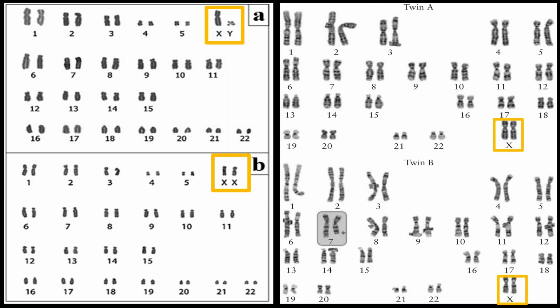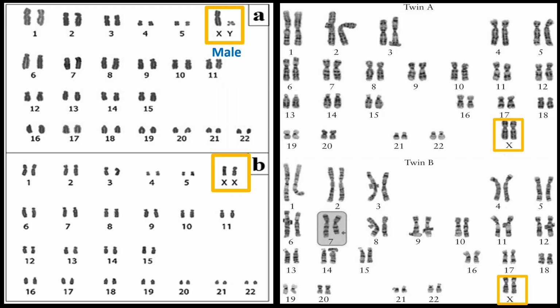Because their sex are the same, we say twin A and twin B are identical. Whereas on the left side, A is a male, B is a female, hence they are not identical. They don't have anything in common. They are very unique. So if you go back to it again, let us identify the sexes.